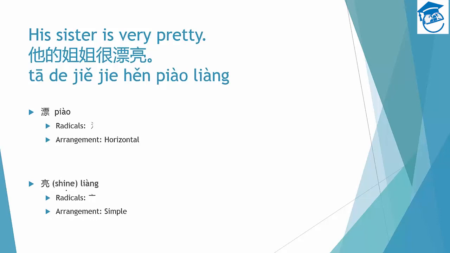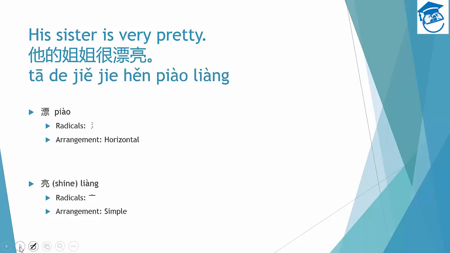Okay, so this is the pinyin, and the radical is what's on the top there. The arrangement is simple. So this is how to write 亮. Okay, 亮.